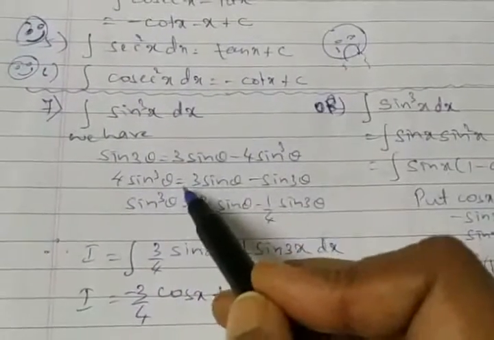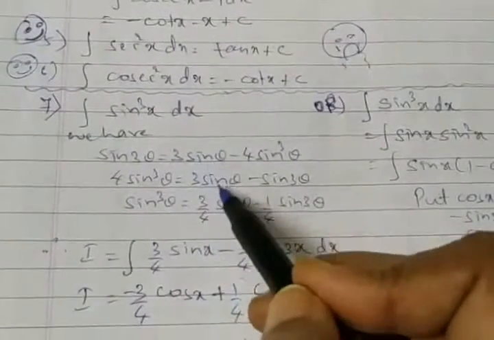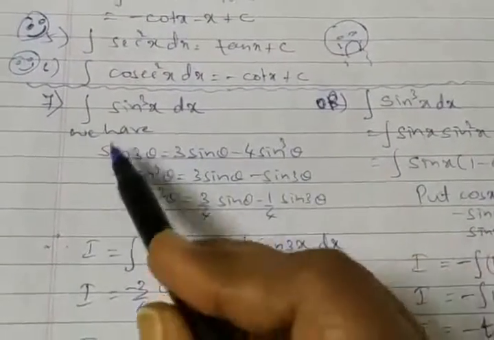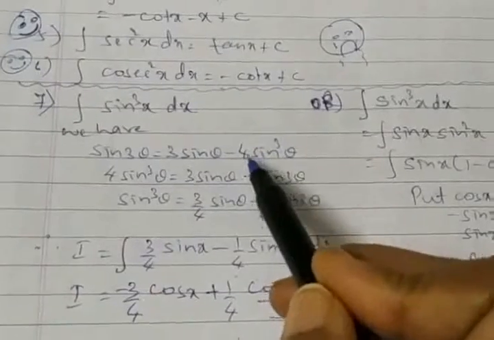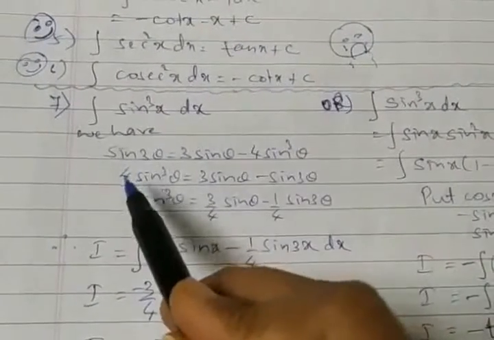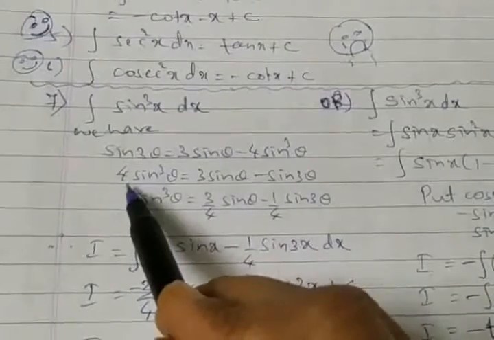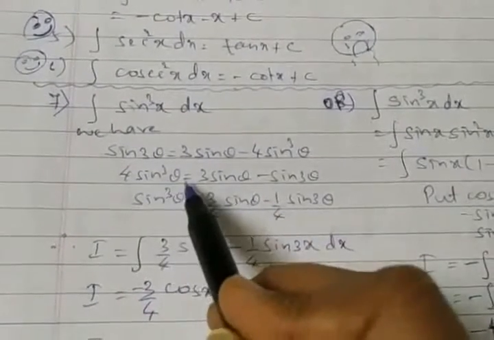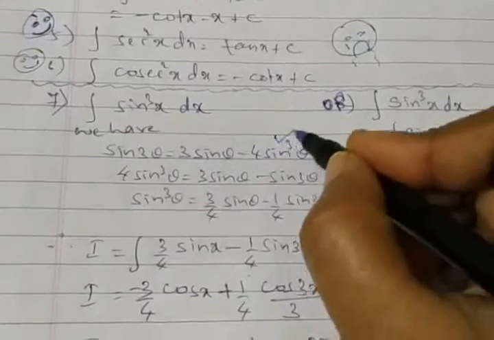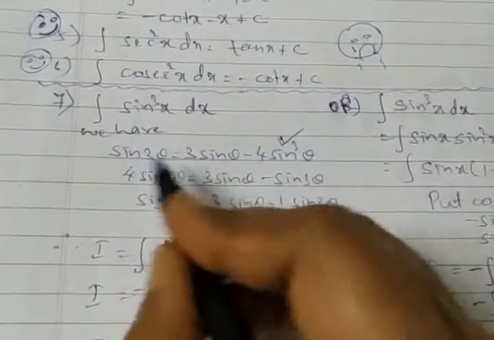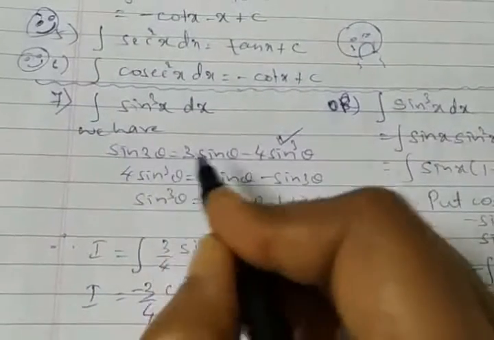Balance it properly. Here we are left out with, as it is, 3 sine theta. This sine 3 theta has been transferred. You can imagine this is minus sine 3 theta. Minus 4 sine cube theta has been taken towards LHS. Minus vanishes. We have plus sign. So we are left out with plus 4 sine cube theta, because this part I would like to balance in terms of sine 3 theta and sine theta, which are ready to integrate. Are you getting it? Fine.